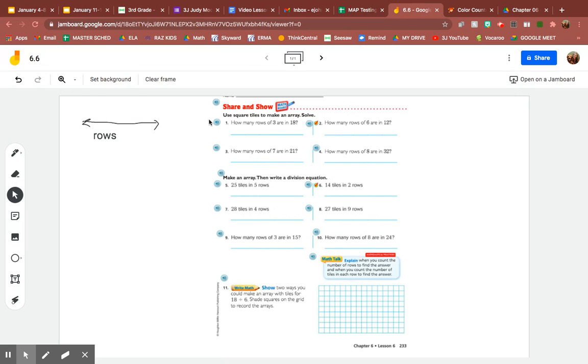They go across. And when we make an array, we did arrays in multiplication when we were learning that. When we do arrays, we do rows and columns.